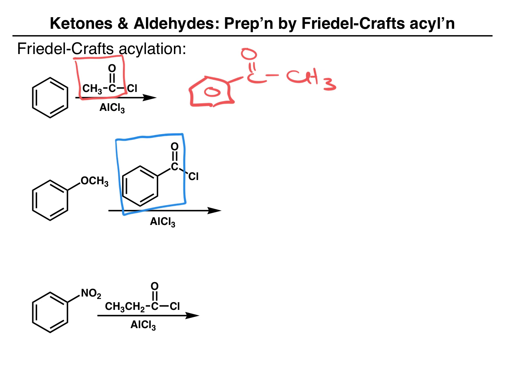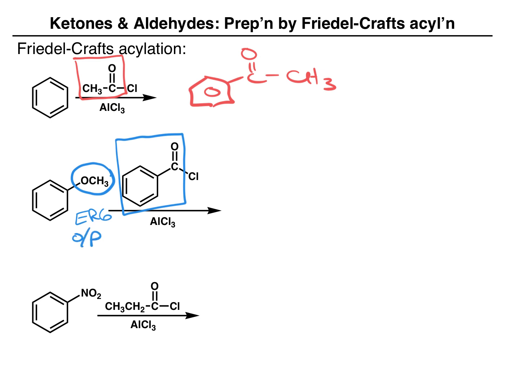focus on then is the substituent that's already present on the ring. With an ether, this is an electron releasing group, which means that the ring is activated, and this reaction will happen faster than if we were to carry out the same reaction on benzene. But furthermore, it is an ortho-para director.